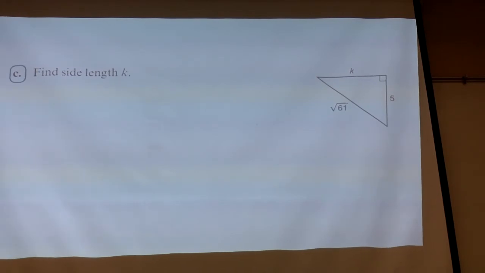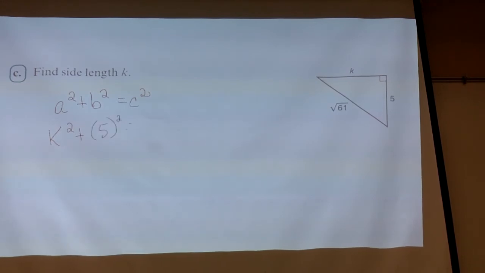And then I'm going to work it out. We've got a squared plus b squared equals c squared. Okay, I'm going to say that I've got k squared plus my b I'm going to say is the 5 squared. It doesn't matter the order. I just say the one that's closest to me, and the one that comes first is my a, but that's just the way that I do it.